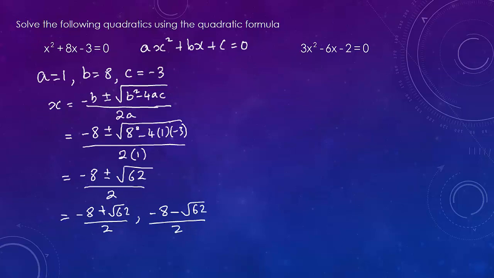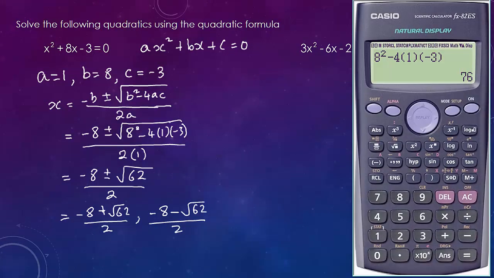So we've just got to calculate those. So use the fraction template, and I've got negative 8, add the square root of 76, and divide that all by 2, and that would give me negative 0.06.